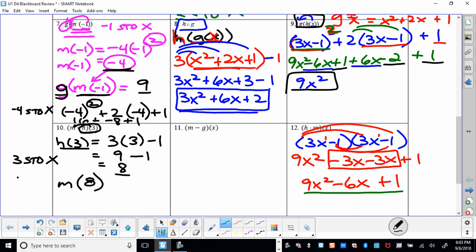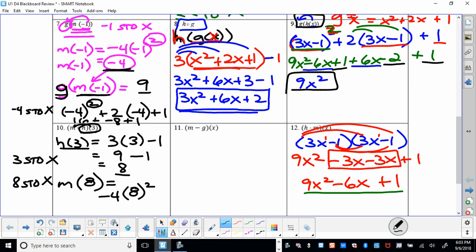So you could come down here and do 8 store x, and then type out m, and that will be your answer. So I'm going to substitute 8 in for x in m. Where's m? So m is negative 4x squared. So instead of the x, I'm going to put an 8, and I'll put a squared. Right?